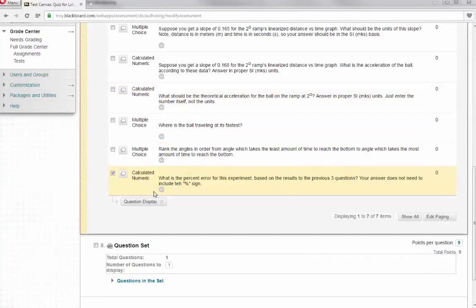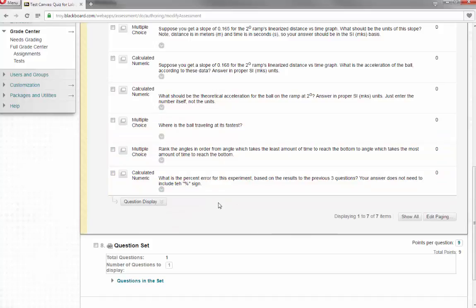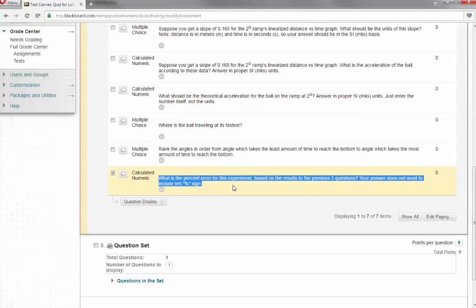I'm not so sure why Blackboard has done this, but it kind of scrambled the order of the questions from how I actually entered them. This question should have immediately followed the previous one, which is what is the percent error based on the results to the previous 3 questions. Most of you got lucky in the sense that this question still occurred after these other 3. For some reason, everybody's question order was totally scrambled.